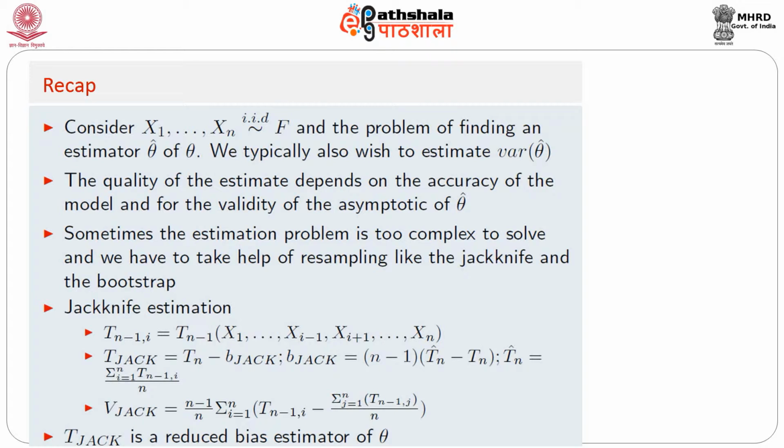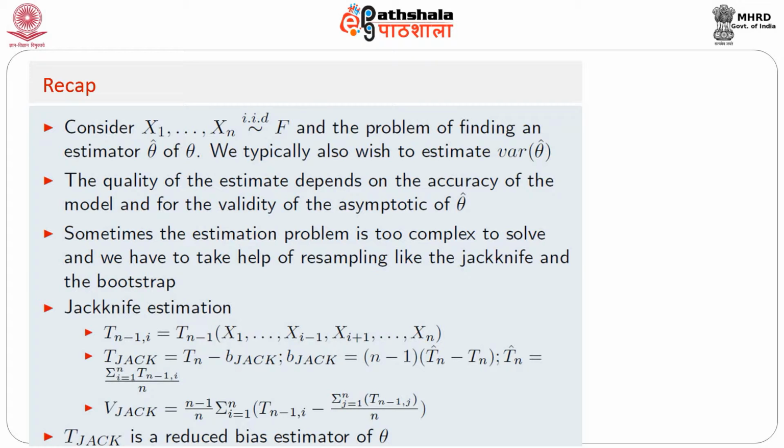Then I can find T_jack, which is Tn, the estimator based on all n, minus B_jack, where B_jack is the bias of the jackknife estimator, which is nothing but (n-1)(Tn hat minus Tn), where Tn hat is 1/n times the summation over i from 1 to n of T_{n-1,i}.